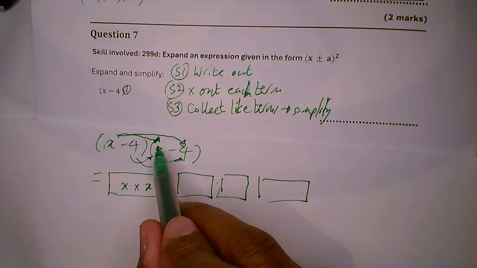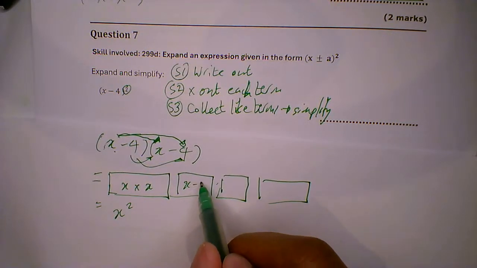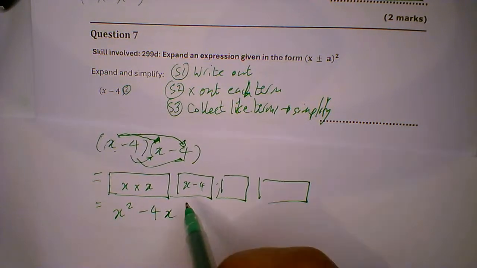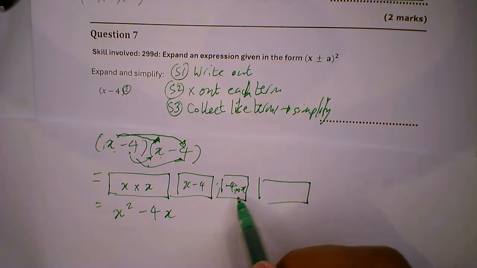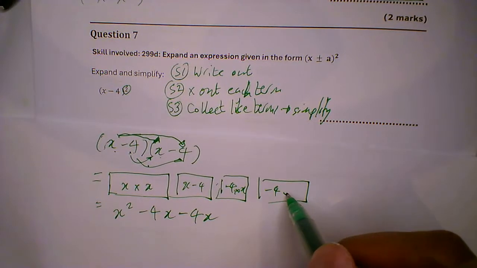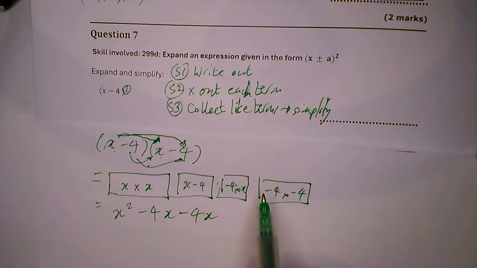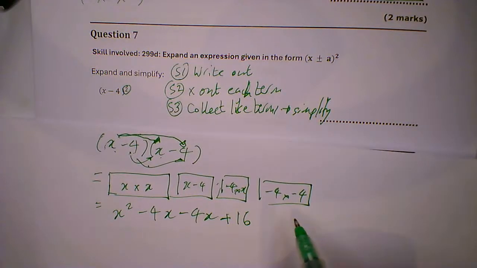So x times x is x squared. X times minus 4 is minus 4x. Minus 4 times x is minus 4x. Then we've got minus 4 times minus 4. A negative and a negative makes a plus. 4 times 4 is 16.